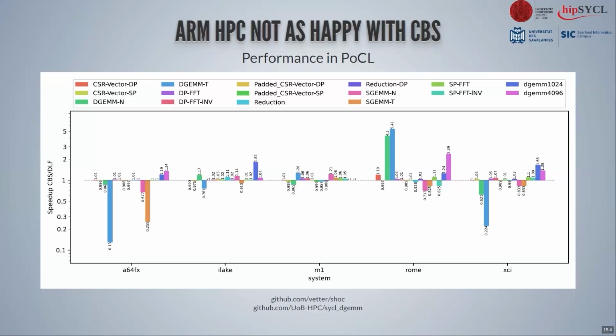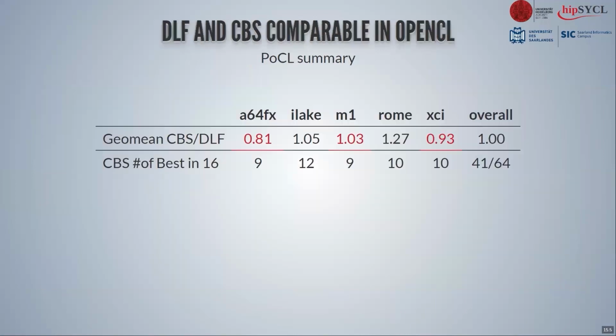The only way I can explain this personally is that they probably have issues with the more complex control flow that CBS has. I found it interesting that the M1, which is also an ARM CPU, doesn't have this problem. So it really seems to be a problem in the front end of the CPUs.